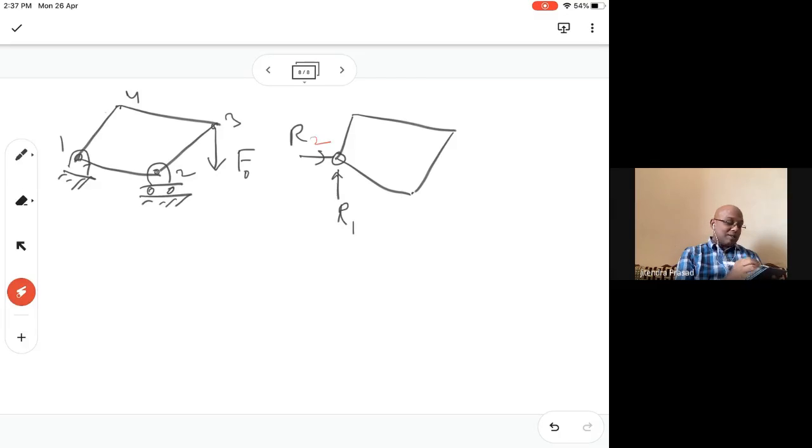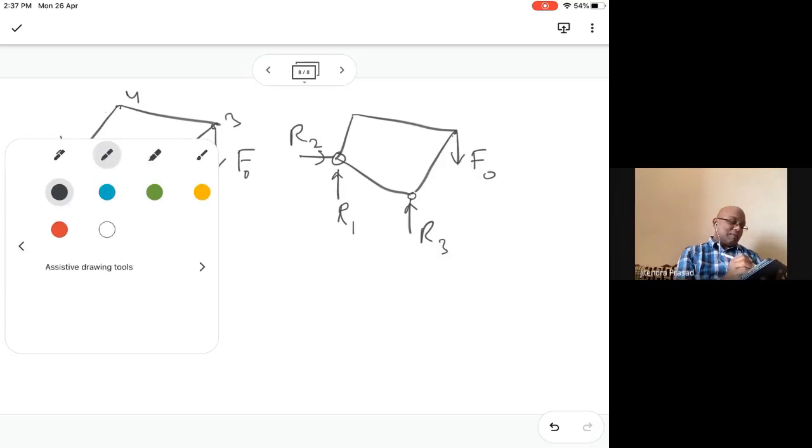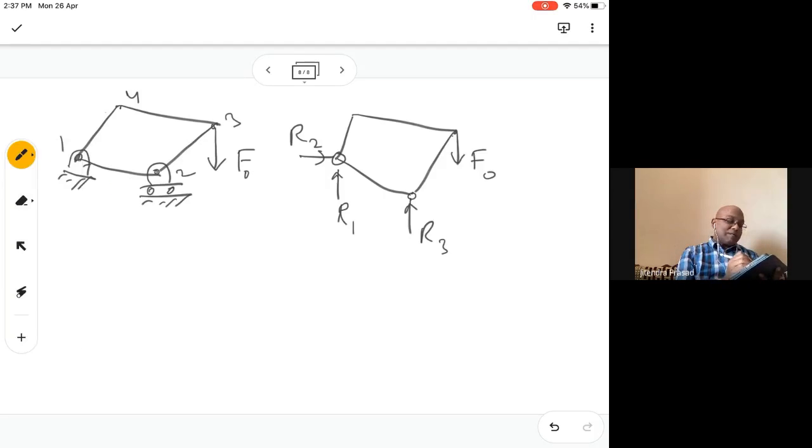Then here this will be R3, and here you have F0 and nothing else. So you have to number the degrees of freedom: this is 1, 2, 3, 4, 5, 6, 7, 8.